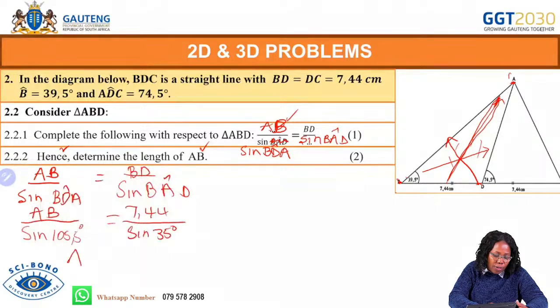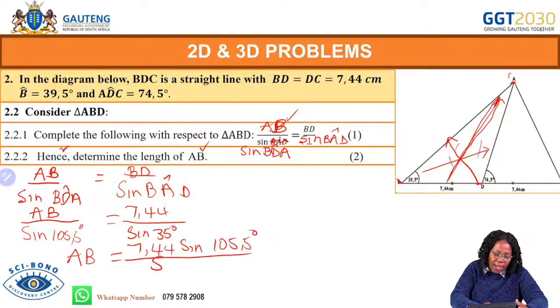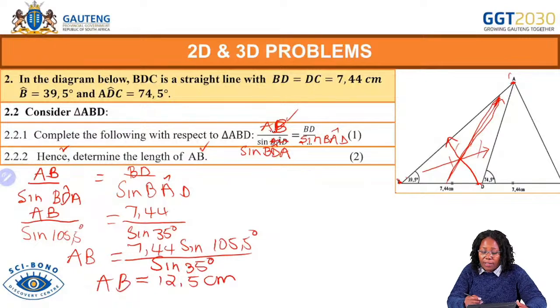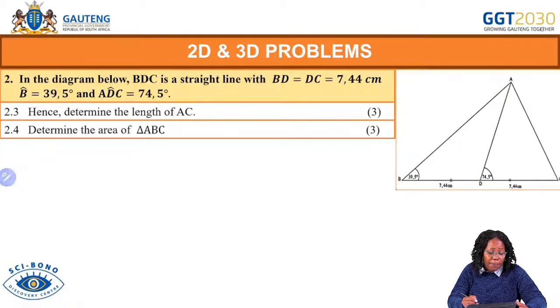And then you cross multiply: 7.44 sine 105.5 degrees over sine 35 degrees. Into your calculator, it will give you the AB value being 12.5 centimeters. That is the value of your AB.